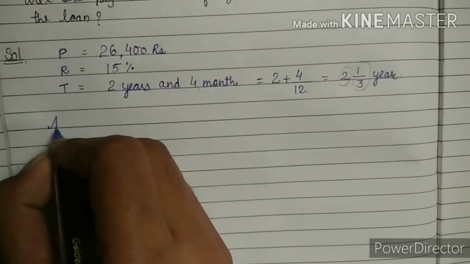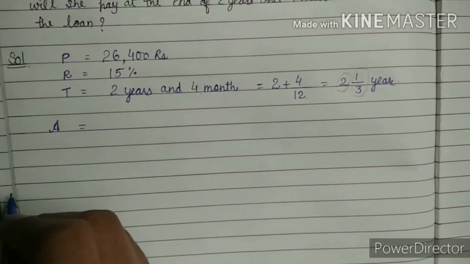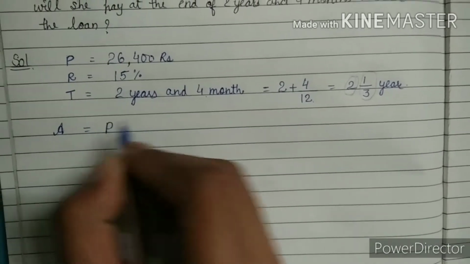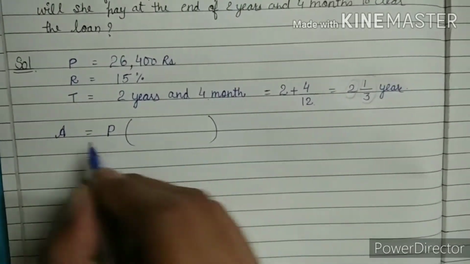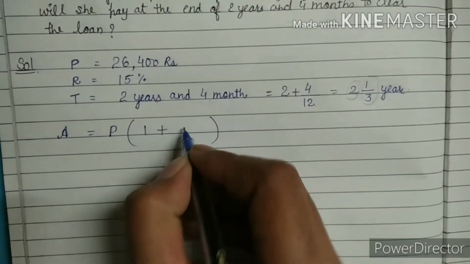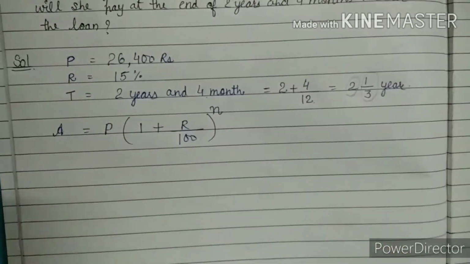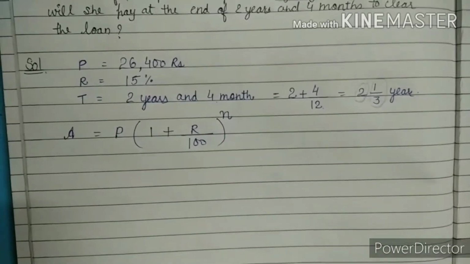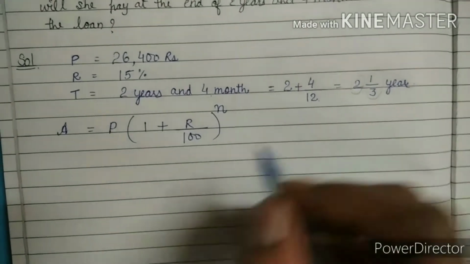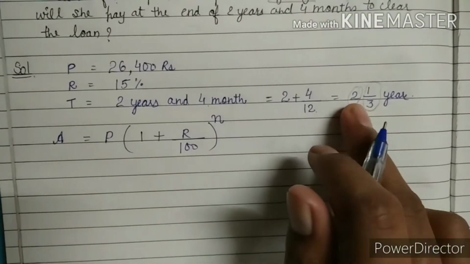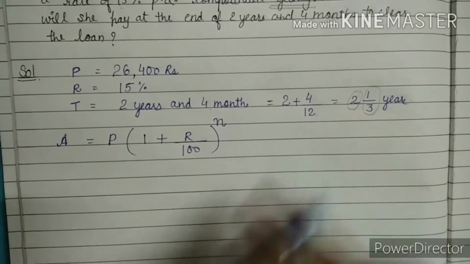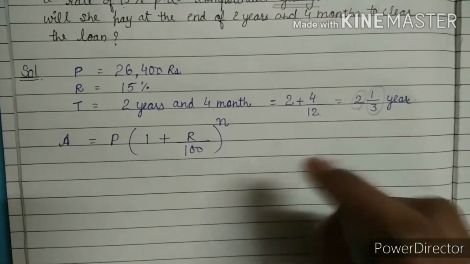So the amount formula is A equals principal multiplied by (1 plus r by 100) whole power n. n is the number of years. But one problem is here. We have 2 in the whole years, but one fractional part is there.